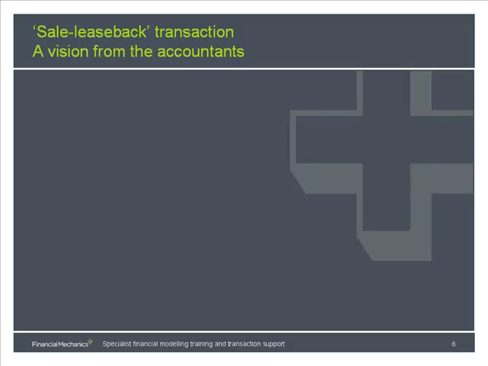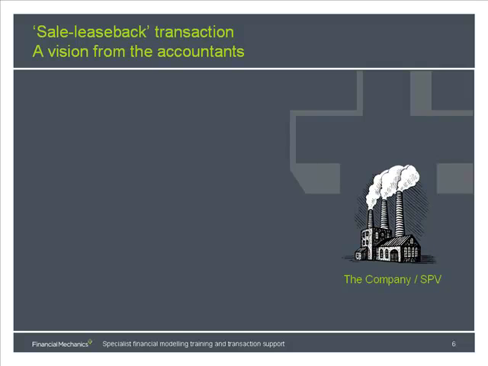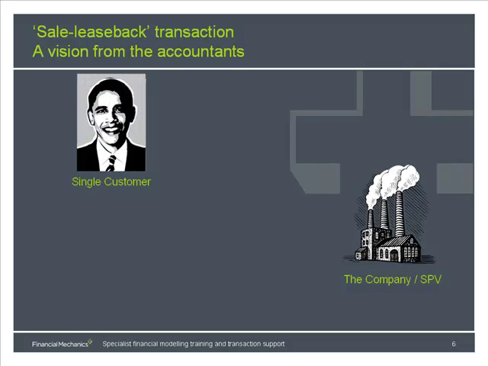We take a look at this idea, a vision from the accountants, a sort of walkthrough of a sale leaseback transaction. We start with our company SPV and we look over at our single customer. It may well be a government.